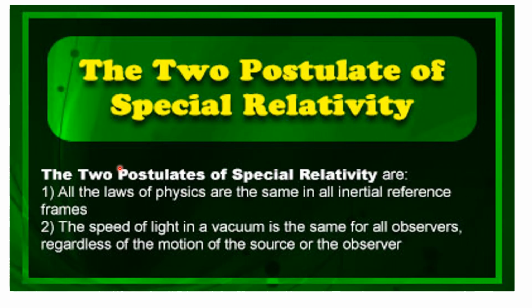The first postulate states that all the laws of physics are the same in all inertial reference frames. Postulate number 2 states that the speed of light in a vacuum is the same for all observers, regardless of the motion of the source or the observer.